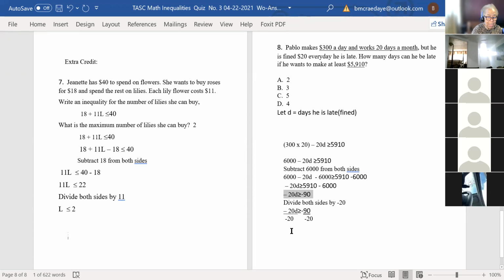So you'd have D left, right? Minus over minus gives what? A plus. Yes. Like signs, divide or multiply, give you plus. So this would just be D.